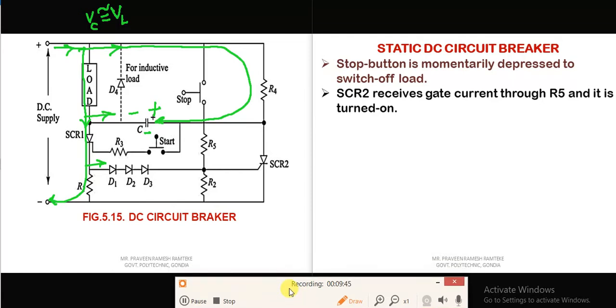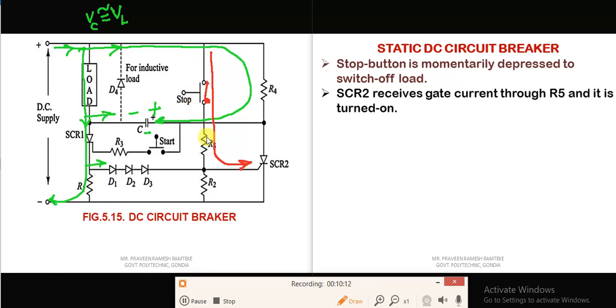Whenever I am pressing the switch, SCR2 receives the gate current through resistor R5.